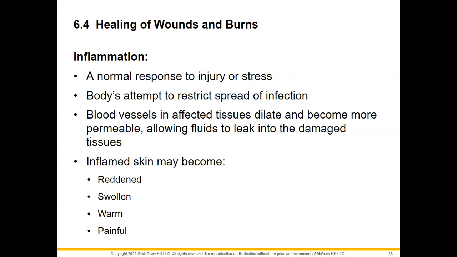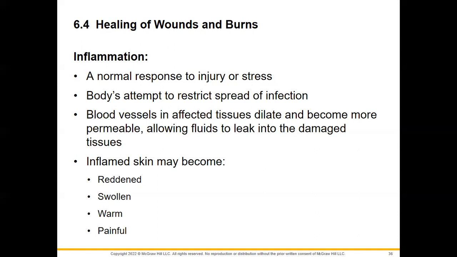The more permeable the blood vessel becomes, the more fluid can leave and go into the surrounding tissue of the damaged area. Those fluids that leak into the area will contain materials that help the body heal it.